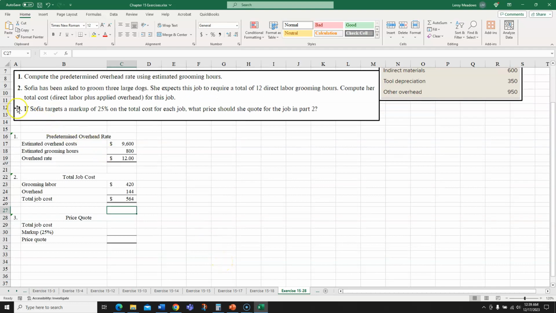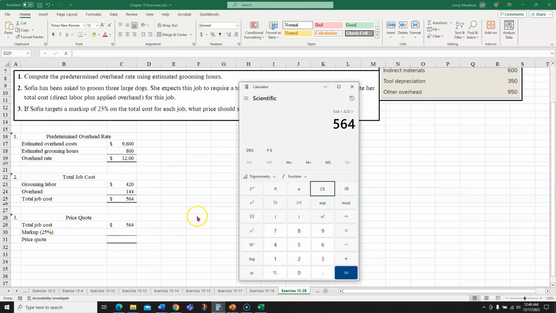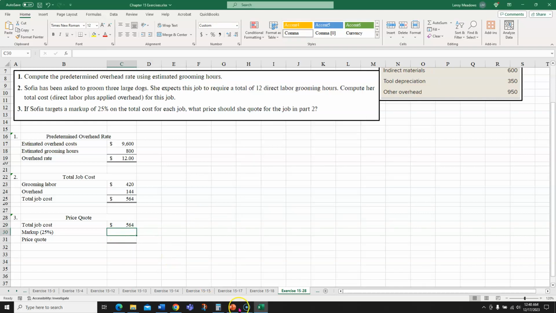Now, if Sophia targets a markup of 25% on the total cost for each job, what price should she quote for the job in part two? Okay, so we're going to take that cost, the total cost of the job for part two, $564, and we're going to multiply that by the markup rate of 25%, so times 0.25, and that'll give me a markup of $141.